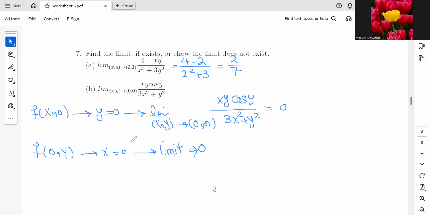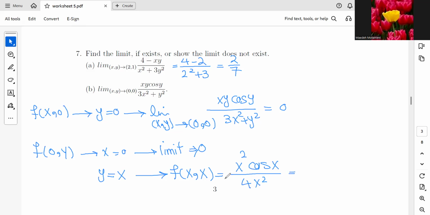Let's say we get close to the point 0 and 0 using the line y equals x, as we have talked about in the lecture. So in this case, f of x and y will be f of x and x, and it's going to be x squared cosine of x over 4x squared.